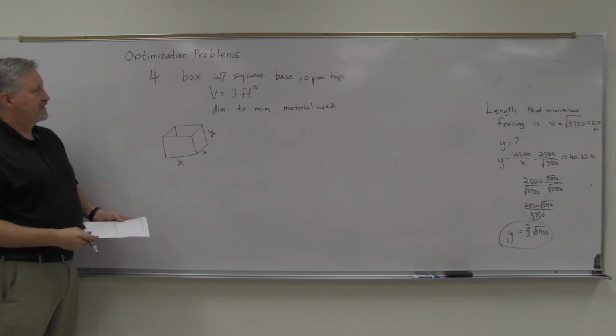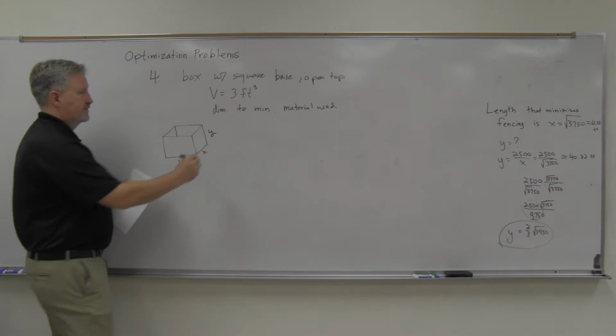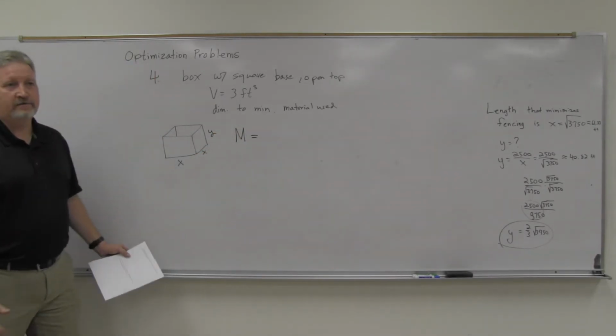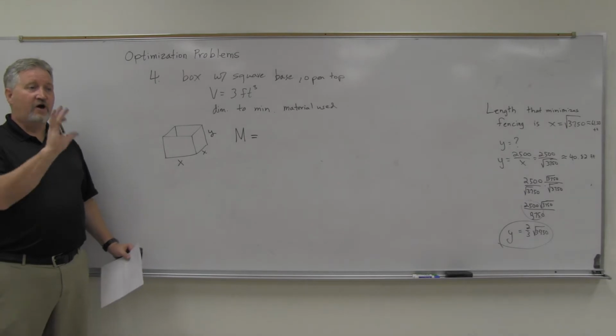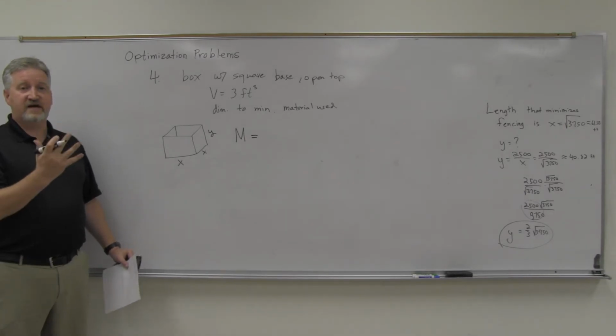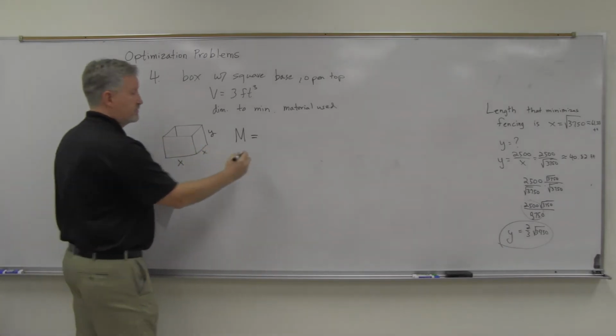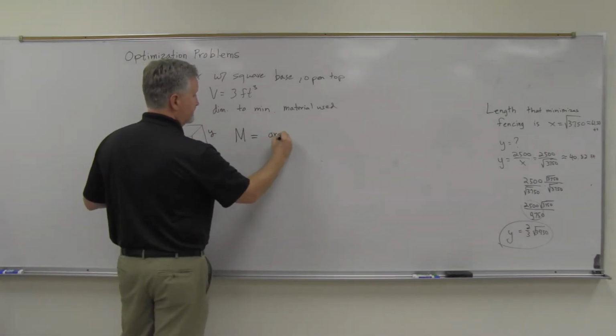All right. We want to minimize the material used. So I need a material equation. Well, the material used is just the area of all the sides put together, right?